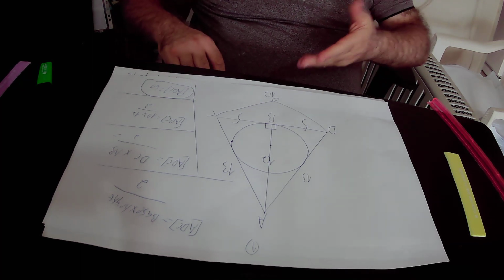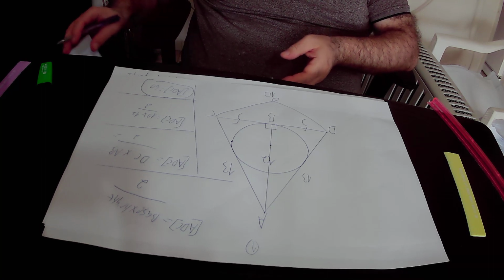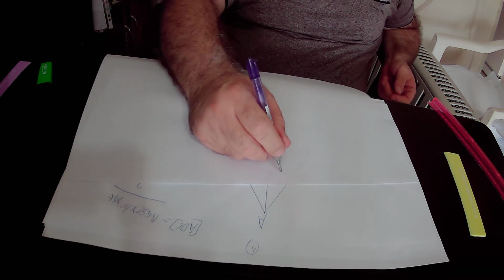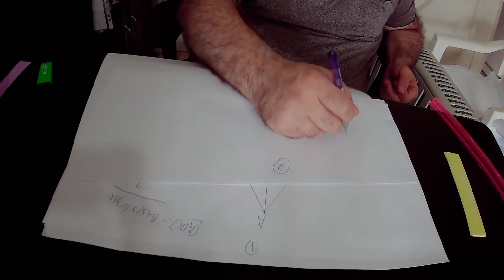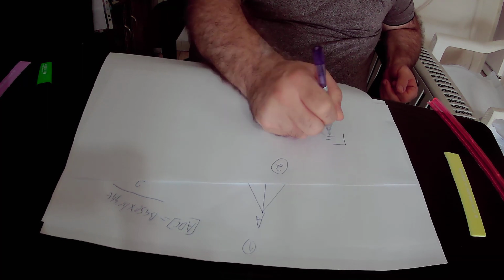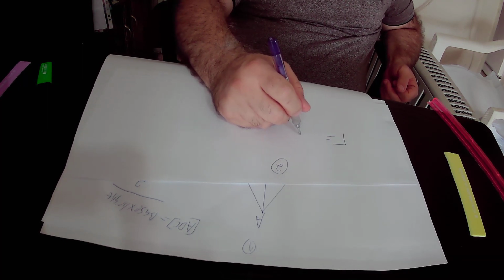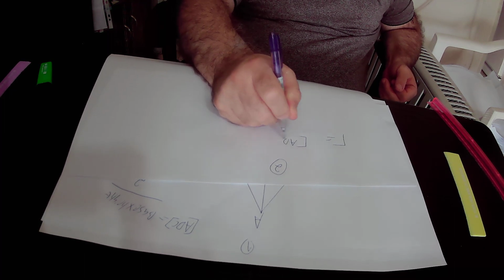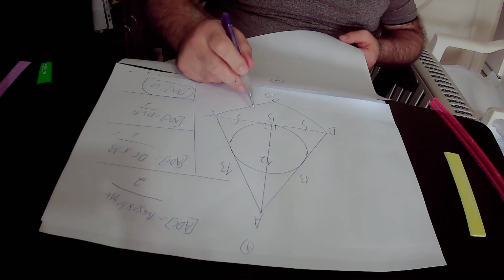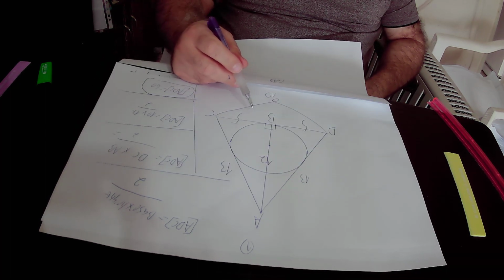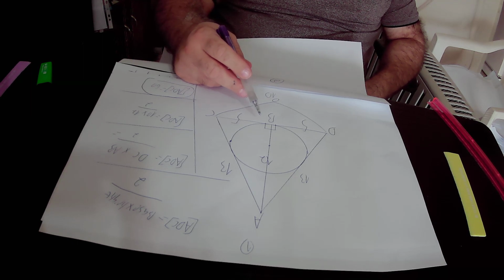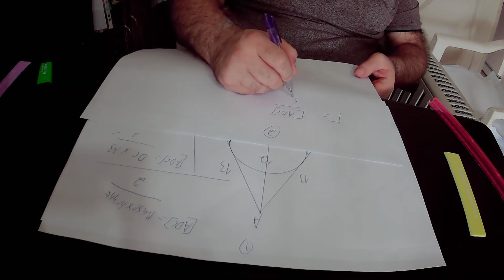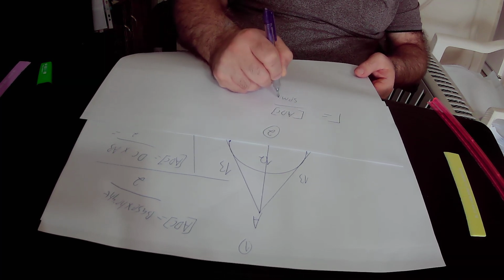So I write down the formula for the radius of a circle that is inscribed by a triangle. The radius is equal to the area of the triangle that blocks the circle, in this case triangle ADC. As you can see, triangle ADC blocks this circle, or this circle is inscribed by triangle ADC, over the semi-perimeter of triangle ADC.